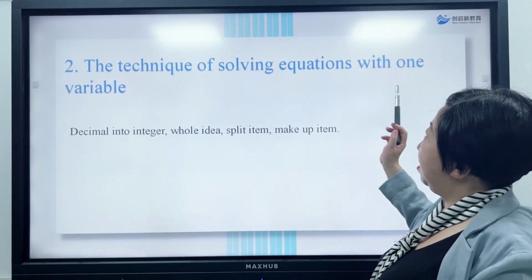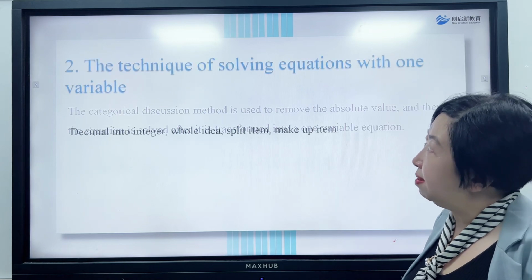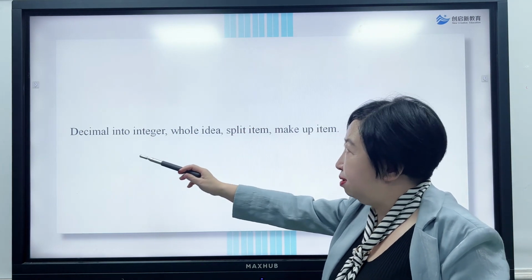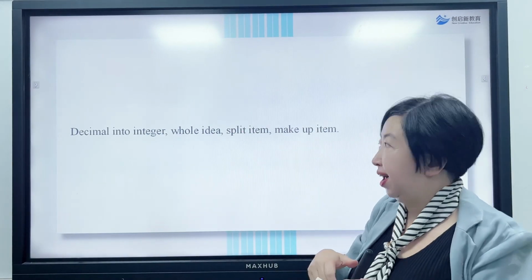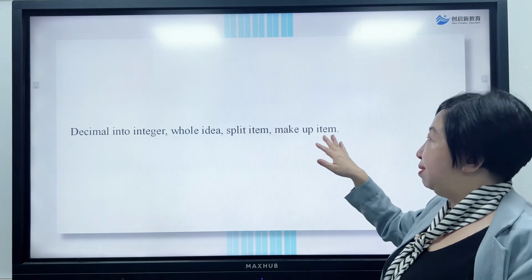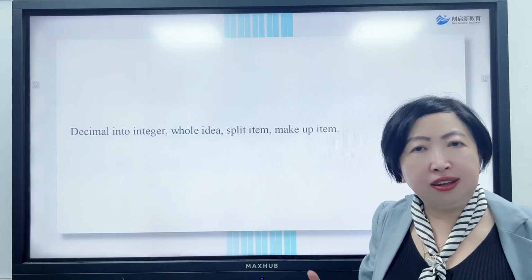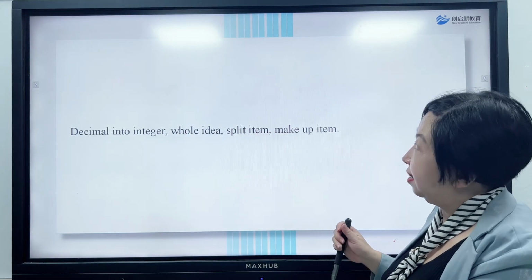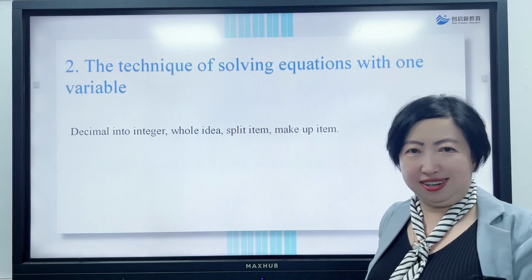Now, techniques of solving equations with one variable. Of course, there are some techniques, for example, changing decimals into integers, the whole idea, splitting items, and making up items. We will use some examples to learn the techniques of the equations.